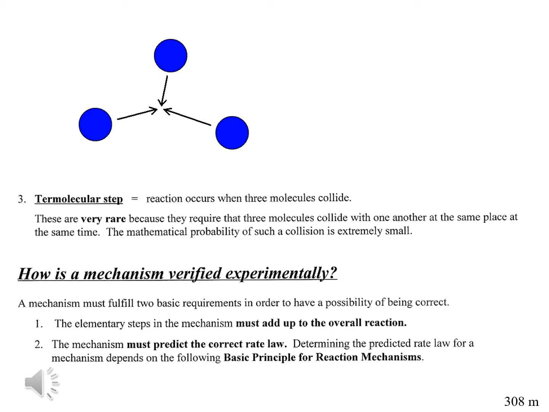And then what you do is you eliminate them by a process of elimination. The mechanisms that you propose have to meet two requirements first. First of all, the elementary steps have to add up to the overall reaction. And secondly, the mechanism has to predict the correct rate law.